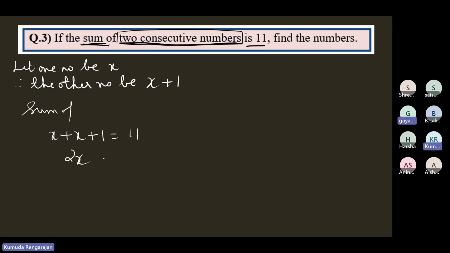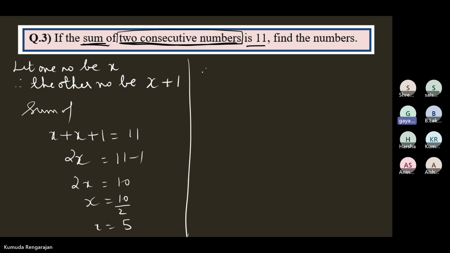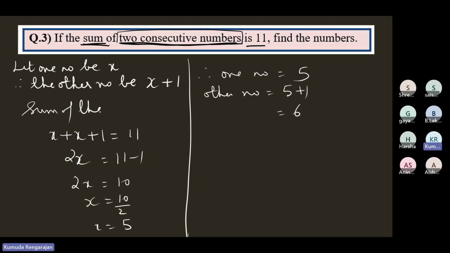Yeah. 2x plus 1 is equal to 11. 2x is equal to 11 minus 1, ma'am. 2x is equal to 10. X is equal to 10 upon 2. X is equal to 5, ma'am. So we got the one number. So the other number is x plus 1, so 5 plus 1 is 6. Very nice, Gayatri. Very good. Thank you.